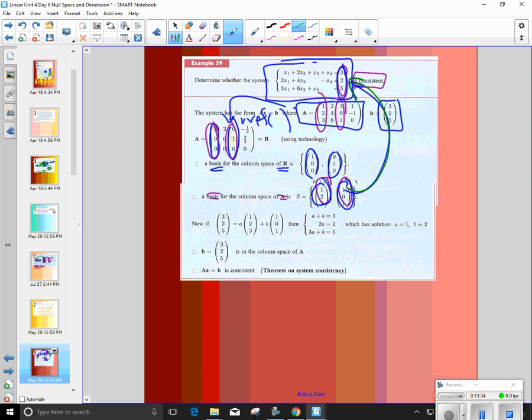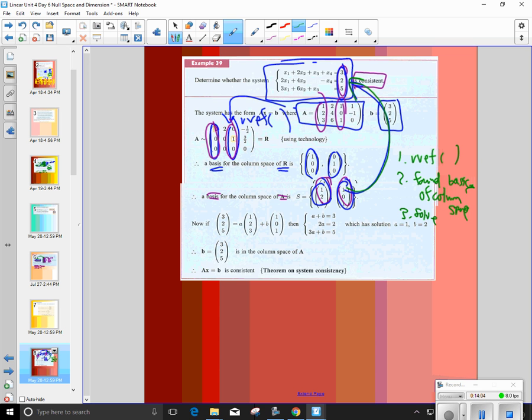Okay. So the first thing we did was reduce row echelon of A. Then we found the basis of the column space, and then we're going to solve.